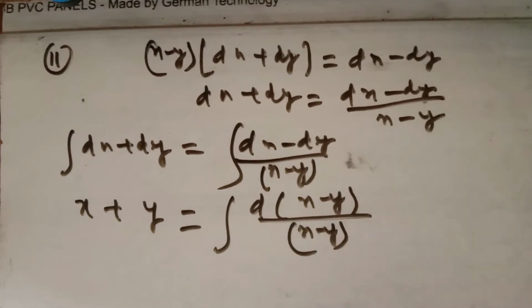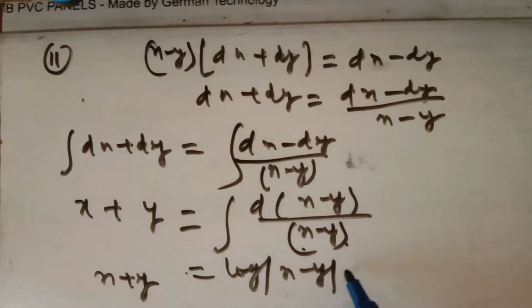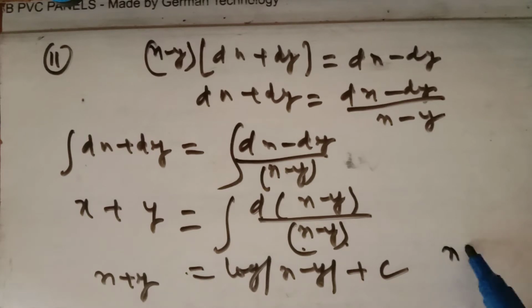Now if you let this equal to t, the derivative of x minus y is taken, so it will be log of x minus y. So x plus y equals log|x minus y| plus c. This is the solution of this differential equation. Now it is given that x is equal to 0 and y is equal to minus 1.